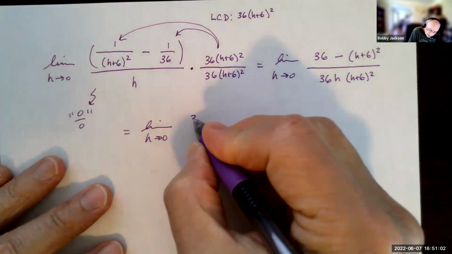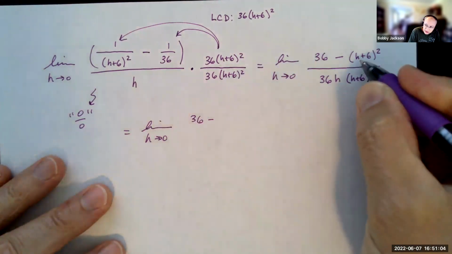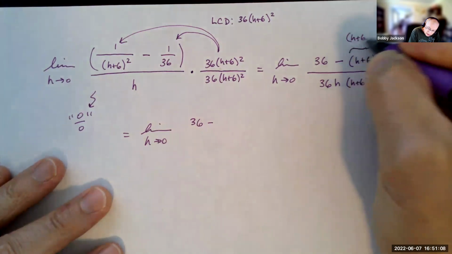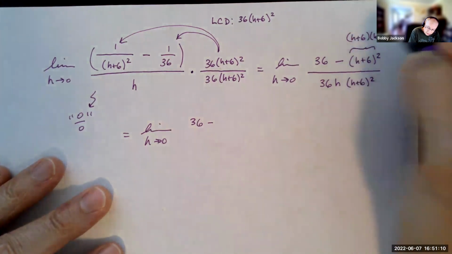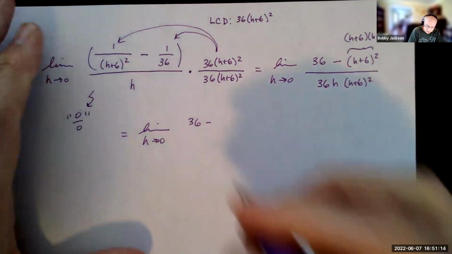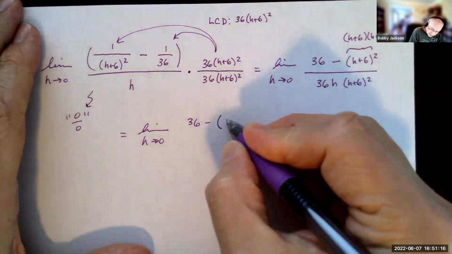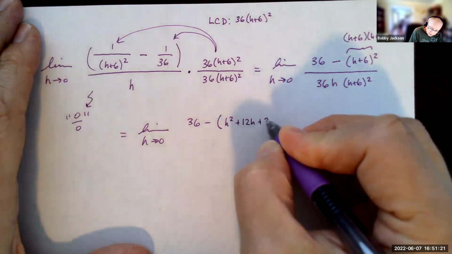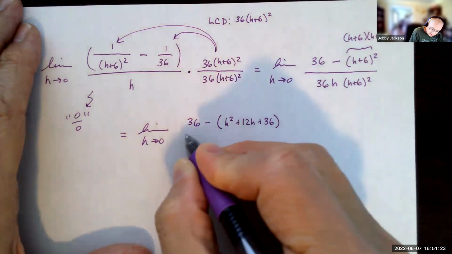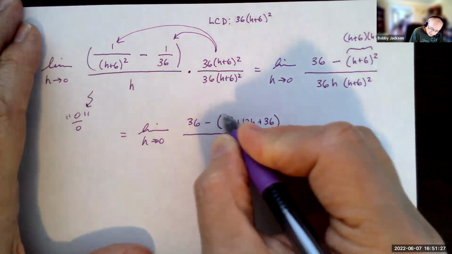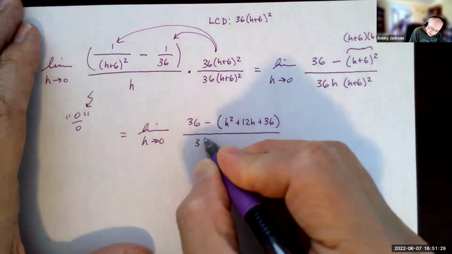So when you square h plus 6, remember what that is. That's h plus 6 times h plus 6. You either FOIL that out or you use the special product formula for a plus b quantity squared, and you should get h squared plus 12h plus 36. Now that's in the parentheses, it's minus all this stuff, so you have to distribute that negative sign through.